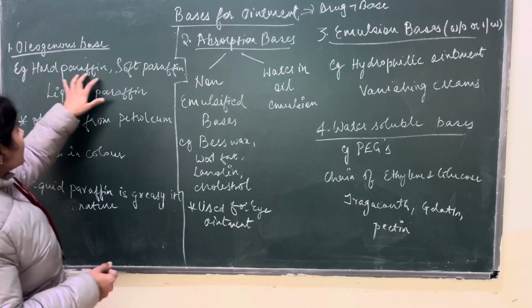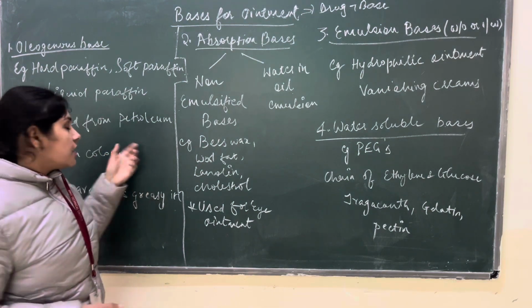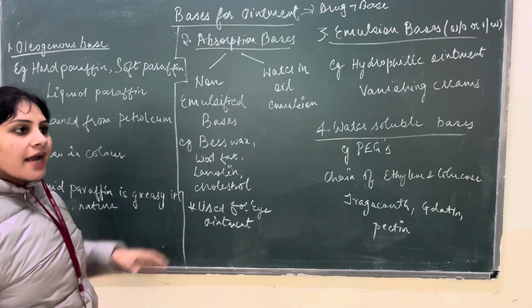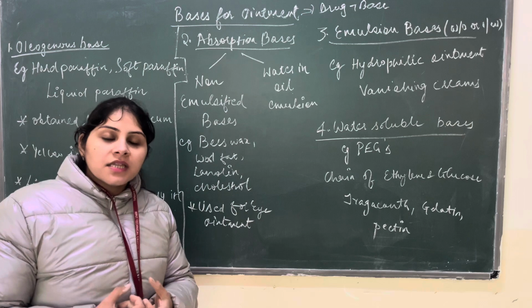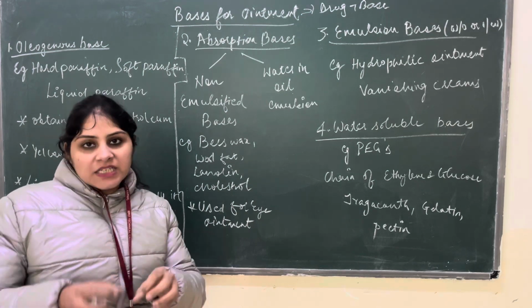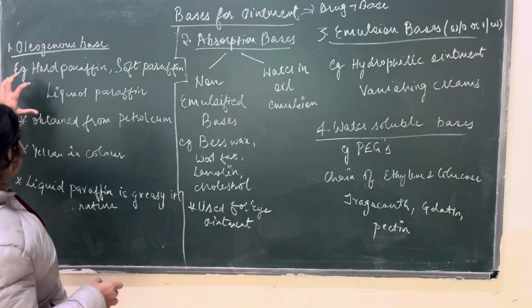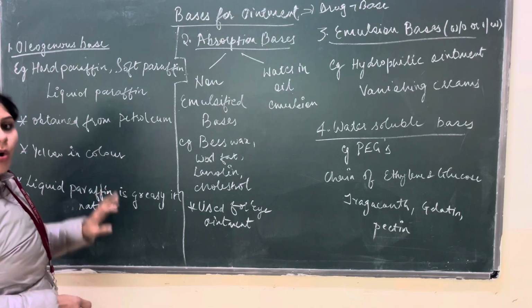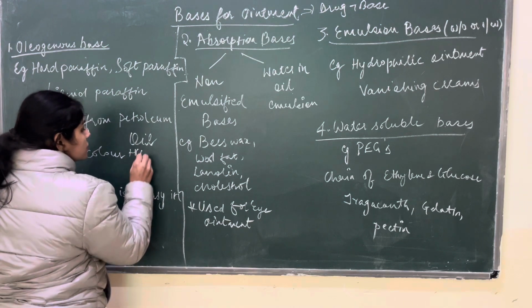All these types of paraffin are obtained from petroleum, and when we extract them they are yellow in color, and we bleach it to form the white color. So all these oleaginous bases contain oil and hydrocarbon chains.